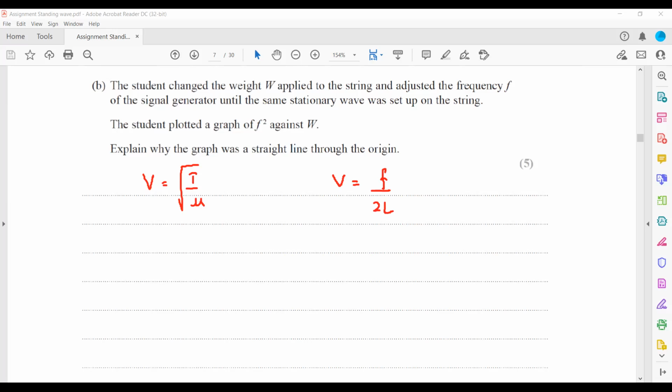So when we compare the two equations, v divided by 2L is equal to f, or we can say v is equal to 2Lf.